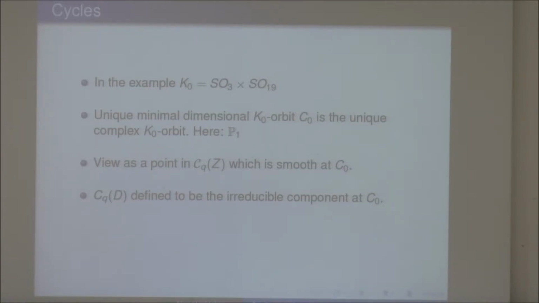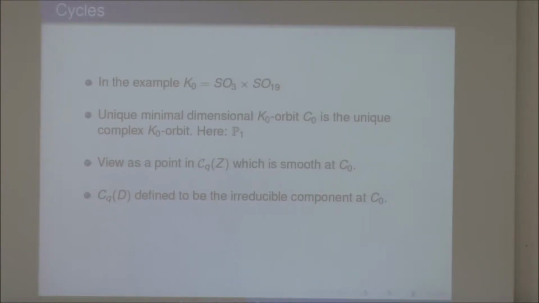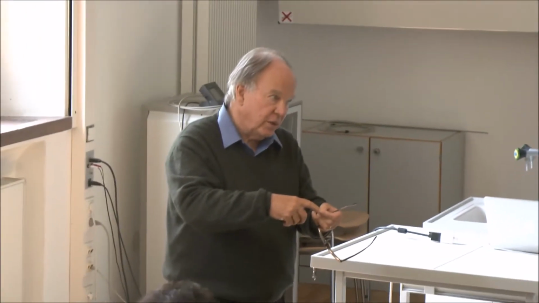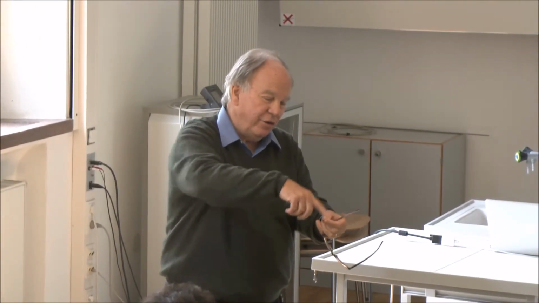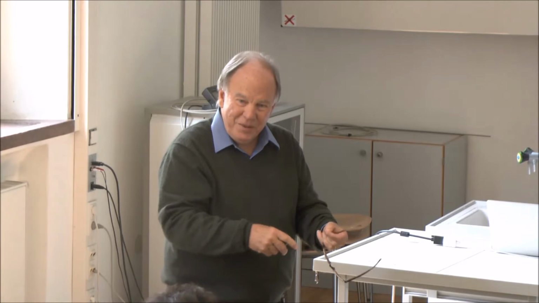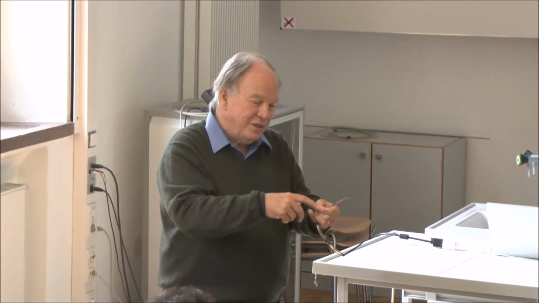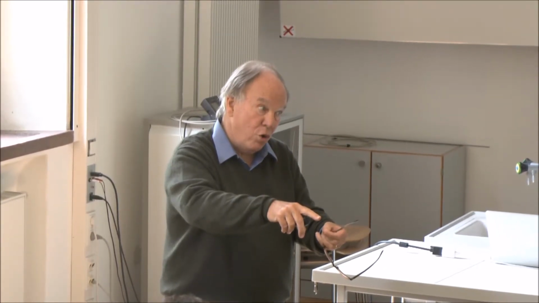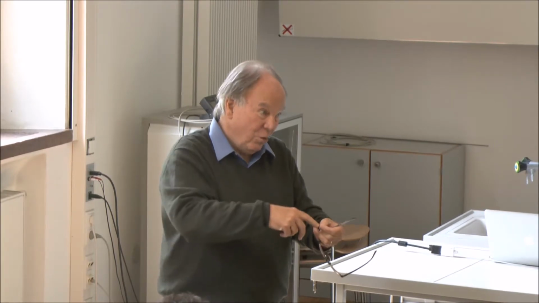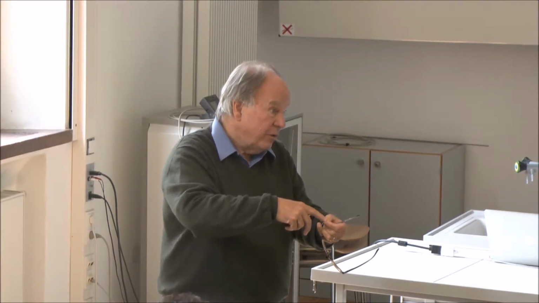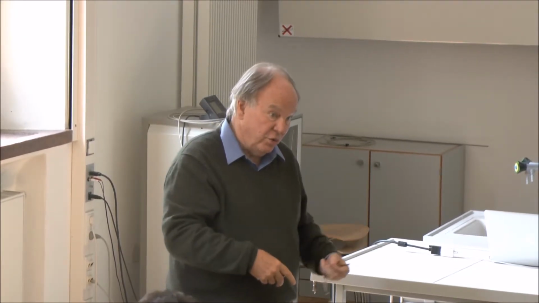And we don't want this infinite dimensional space, so we check that at the base cycle, it is smooth. This is a hard piece of work. It's a cohomology calculation. The base cycle is a smooth point of the cycle space. It doesn't have 25 irreducible components coming out of it. So what we can do is take the irreducible component of the cycle space which contains this point. And the irreducible component makes sense because it's smooth.